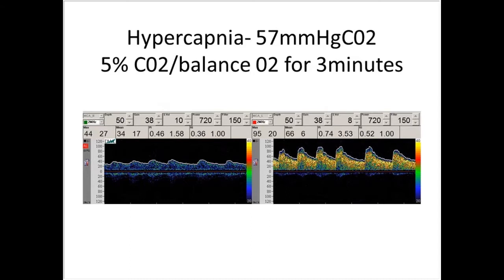So we administered 5% CO2 and O2 for 3 minutes, and he became hypercapnic with end-tidal CO2 of 57, so a nice increase.